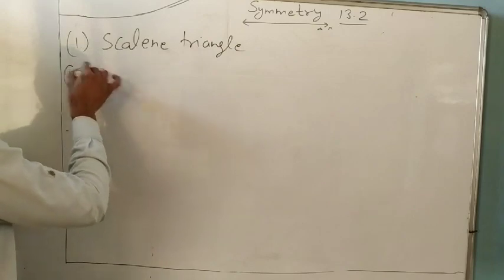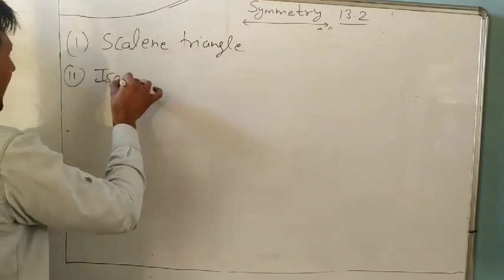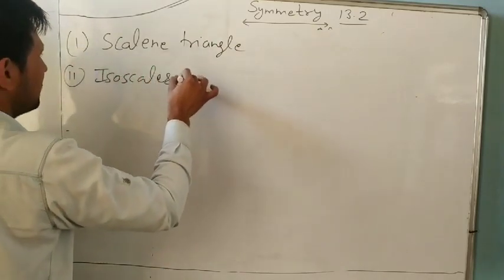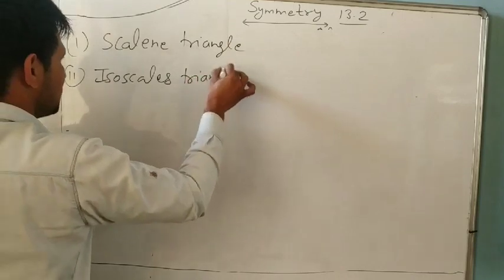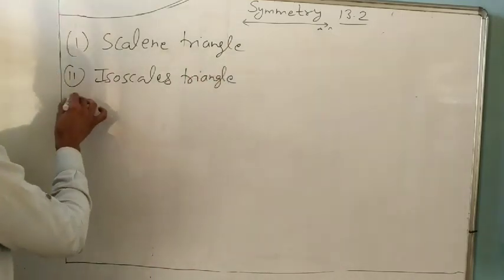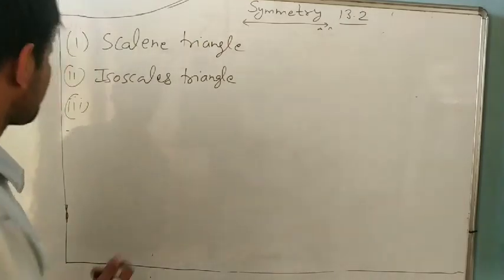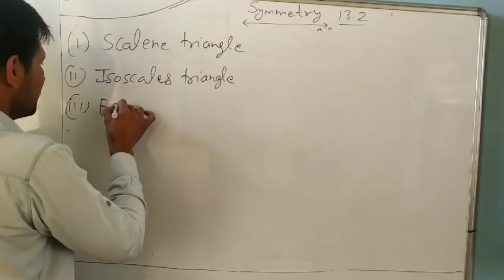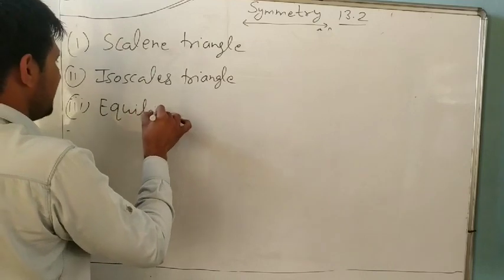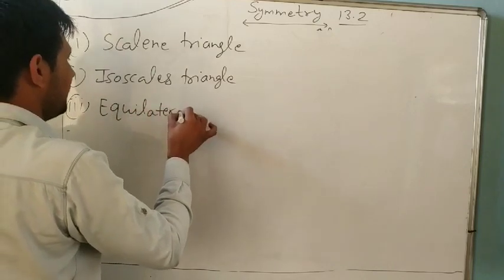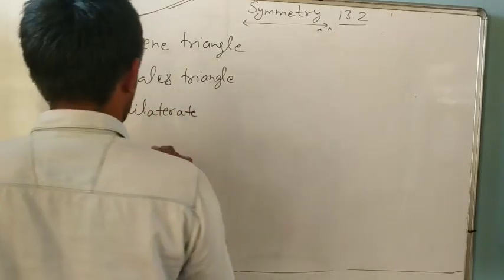Scalene triangle. Second is isosceles triangle. Third one is equilateral triangle.